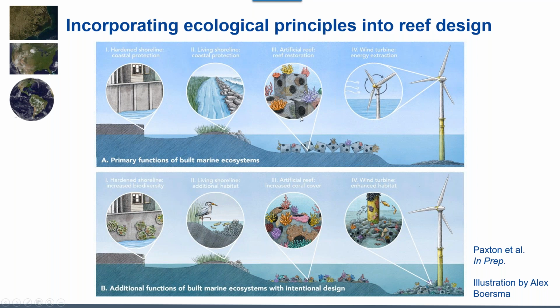In the case of artificial reefs shown here, our idealized tropical setting, we could have a standard design that could be adapted slightly to include more nature-inspired or biomimicry components and could perhaps generate increased coral cover.